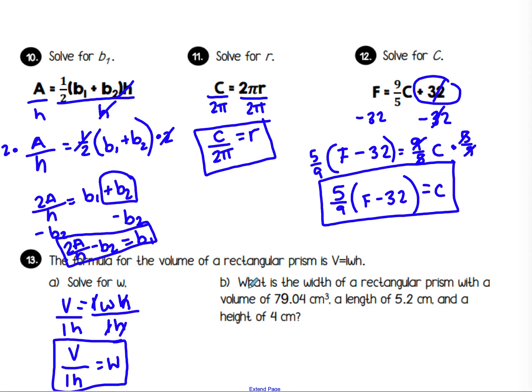So I have a volume of 79 and 400 divided by, I have a length of 5 2/10 and a height of 4. And then that all together is going to equal my width.